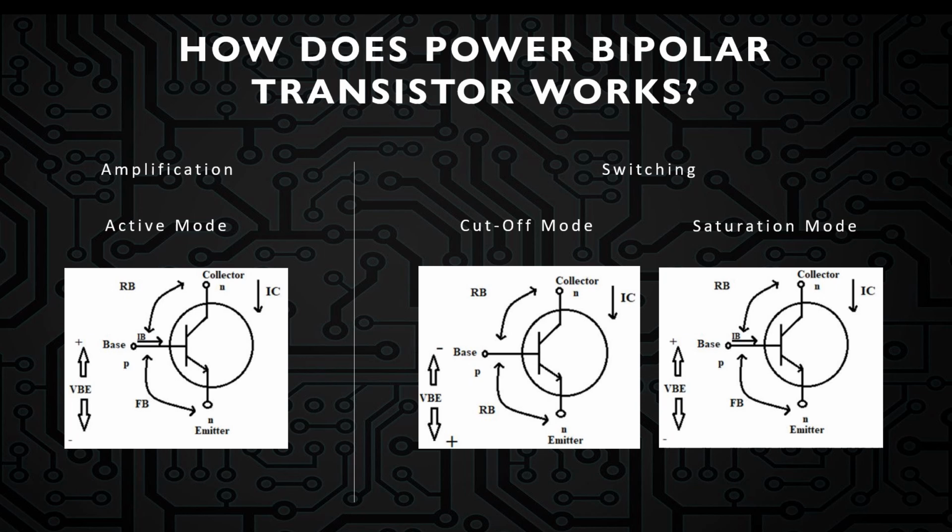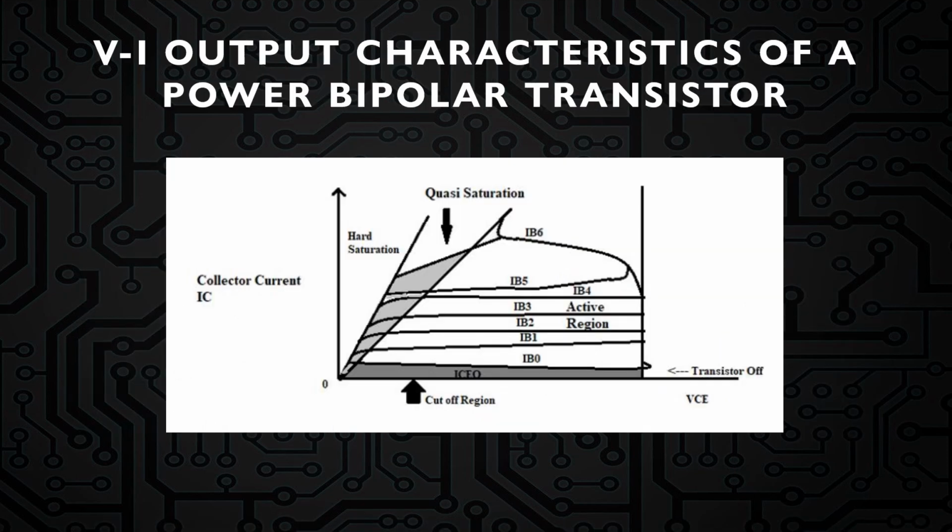In saturation mode, a sufficiently large forward bias voltage is applied between the base and emitter. This causes a larger base current, resulting in the transistor operating at its maximum current carrying capacity. In saturation, the transistor functions as a closed switch, allowing a significant current to flow from the collector to the emitter.